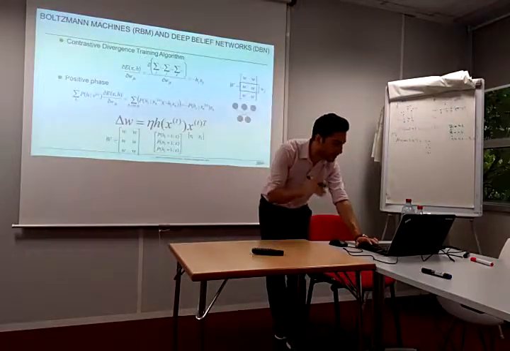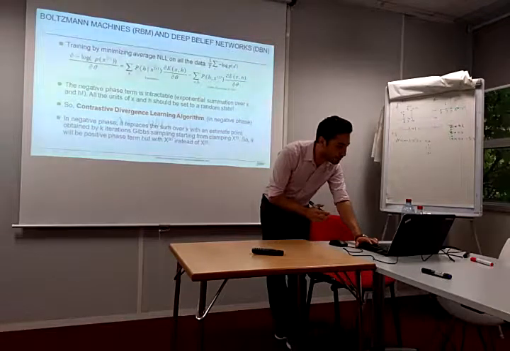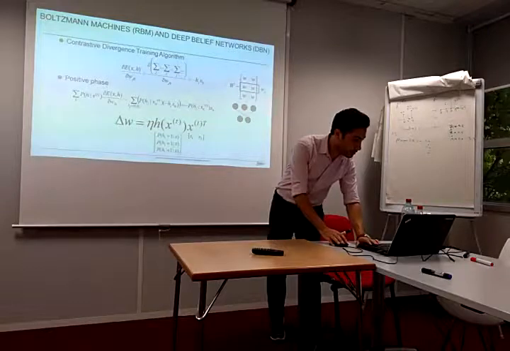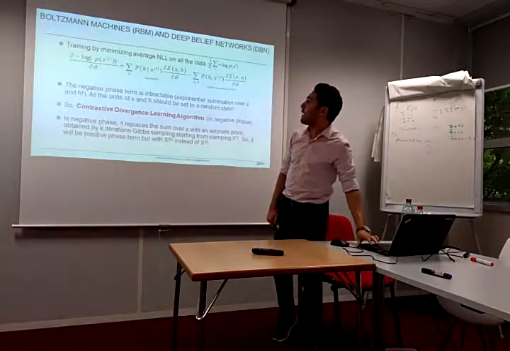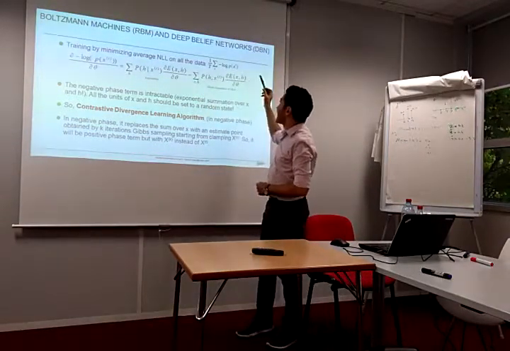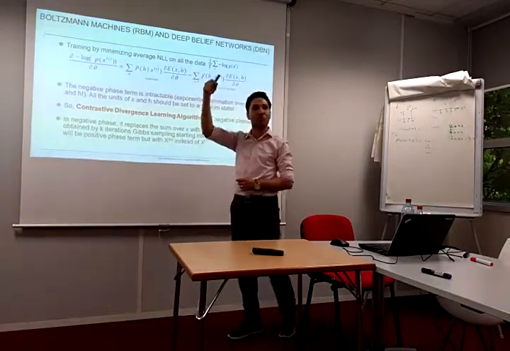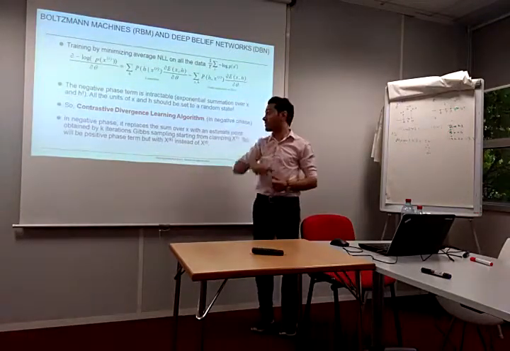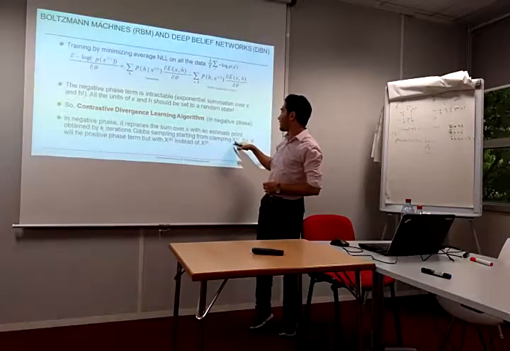So let's revise what we have said, very briefly. In the negative phase, we will replace the sum over x with an estimate point obtained by k iterations of Gibbs sampling. It's a technique to sample from a distribution, starting from clamping xt, which is a training sample.